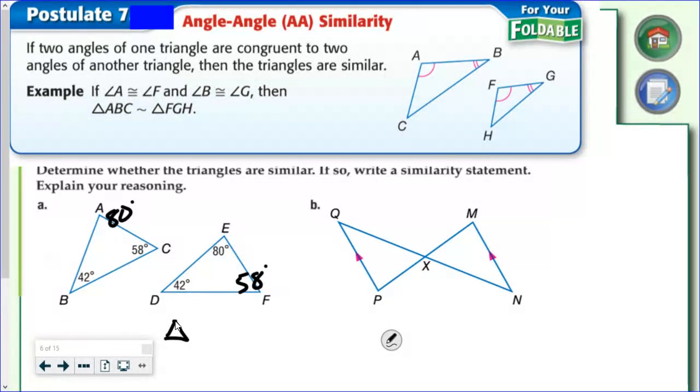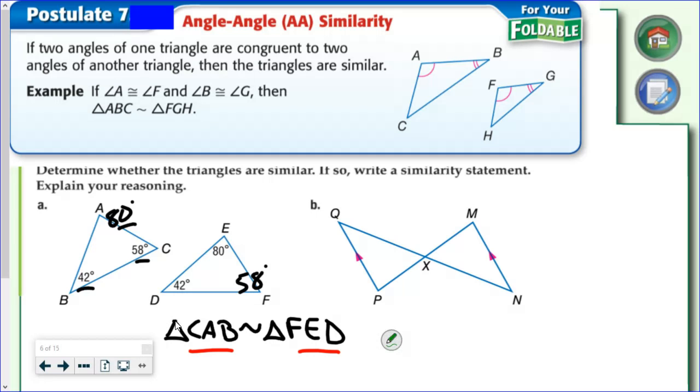I pick any triangle I want to start. So say I have triangle CAB is similar to triangle, 58 degrees, 80 degrees, 42 degrees. I do the first three and I have to do it in matching order with matching degrees.